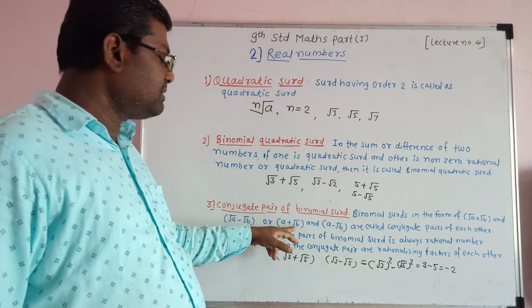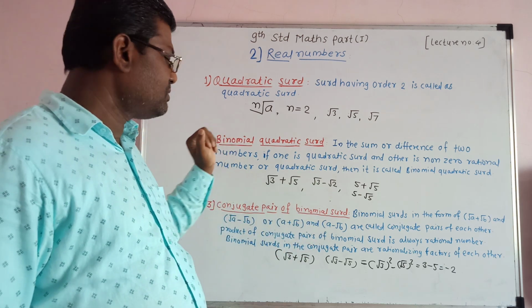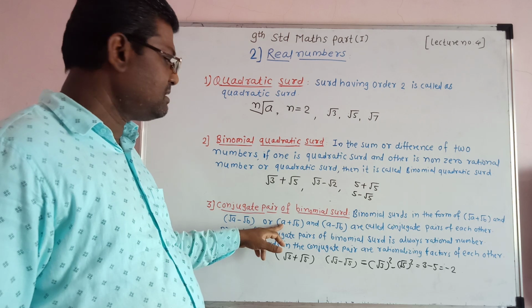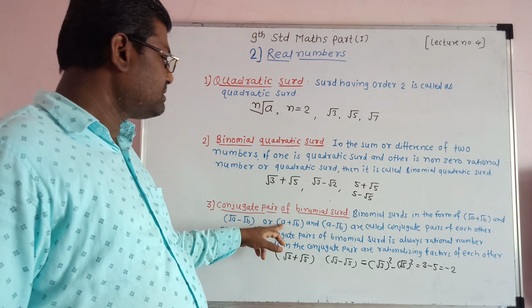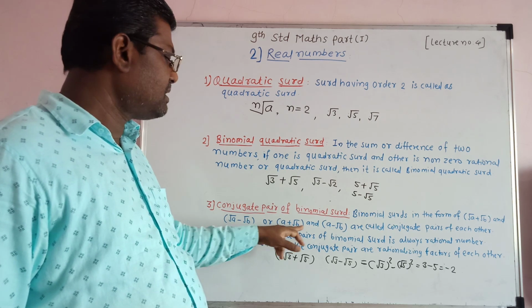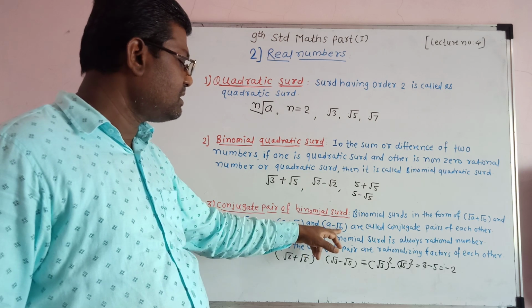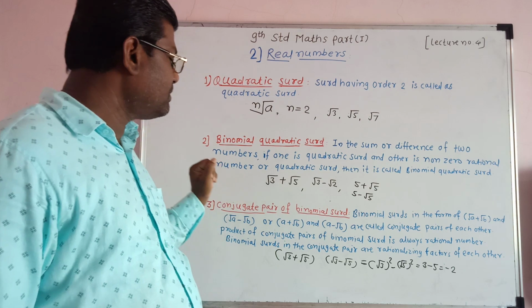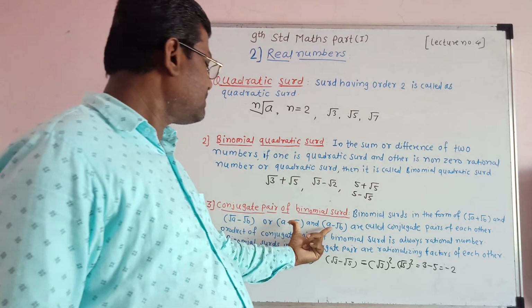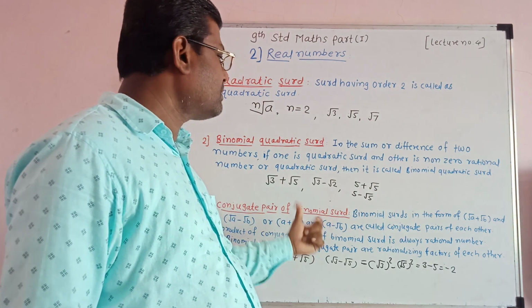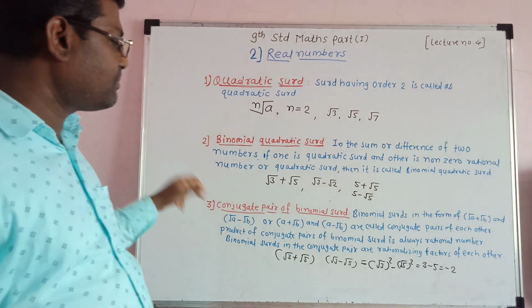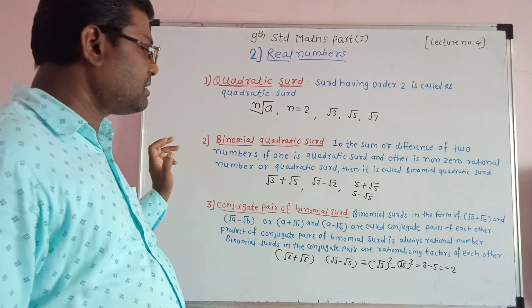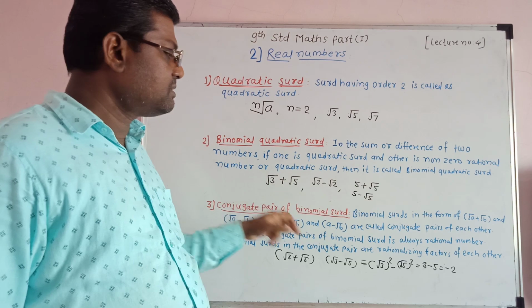Or a plus root b or a minus root b, where one number is a non-zero rational number and the other is a surd, and there is a difference between the signs of both. Such a pair is called a conjugate pair, and the product of the conjugate pairs of two binomial surds is always a rational number.